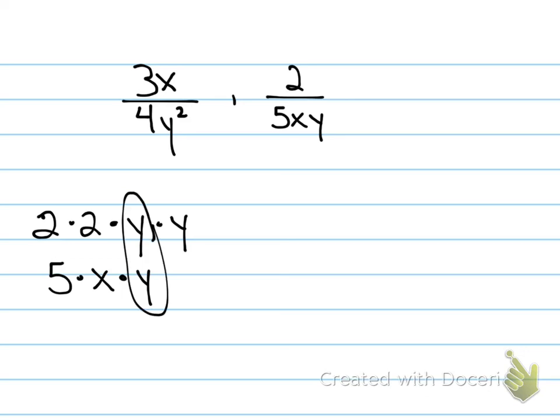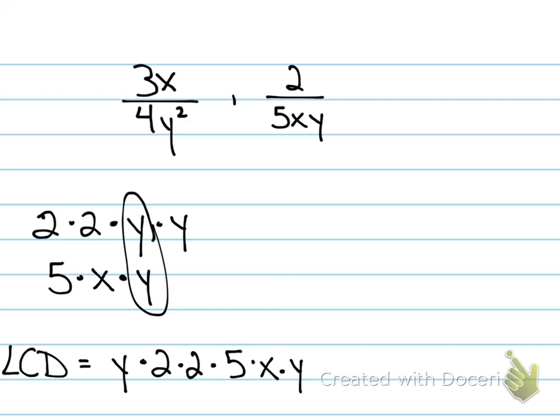My y's. So now in my LCD, I go 2 times y times 2 times 2 times 5 times x times y. I just bring down my leftovers. I write my group once. And what do I get from my LCD? 20xy to the second. So that's my LCD.